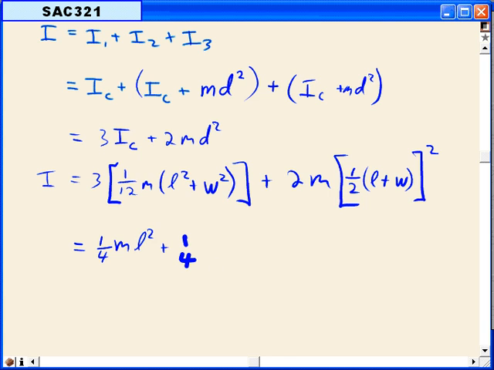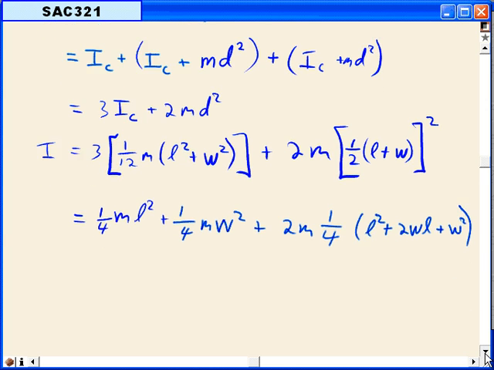Plus 1/4 m W squared, plus 2m times a half squared is a fourth, and times (L plus W) squared, that'll be L squared plus 2WL plus W squared. That's that whole thing squared.